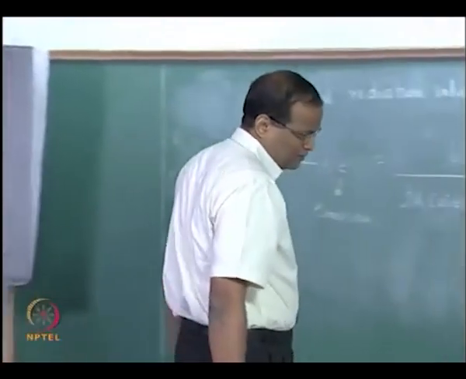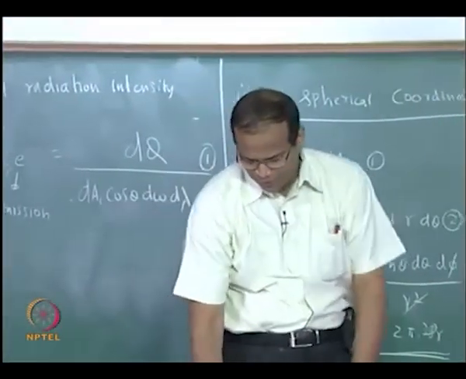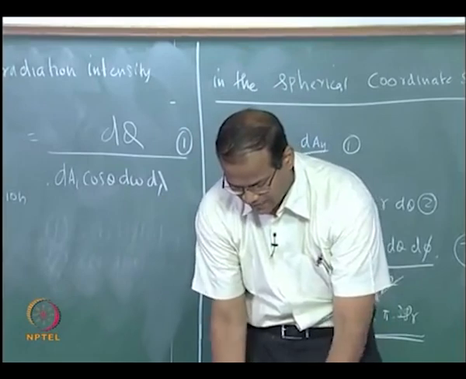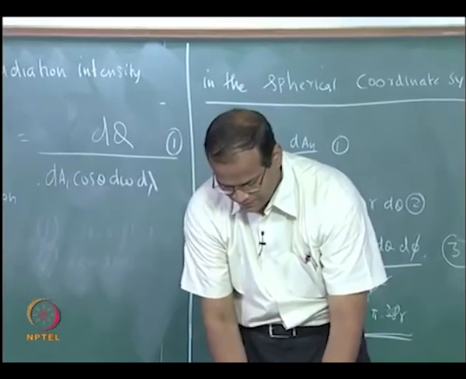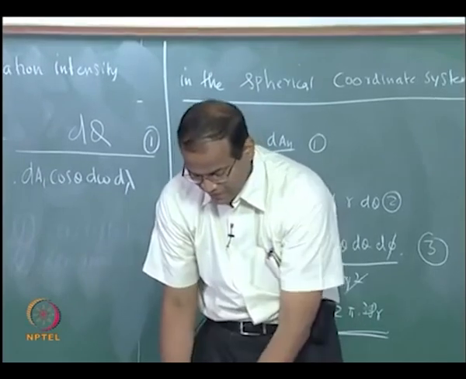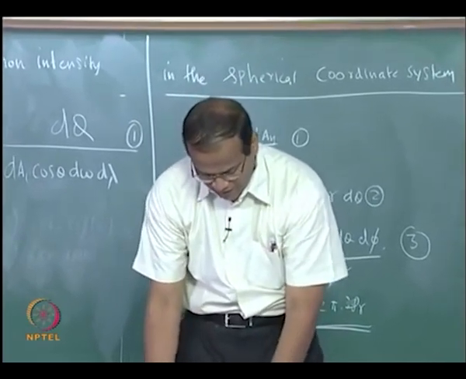Okay. So, please take it down and tell me what the units of radiation intensity are. I will define it formally, I have defined it mathematically, I will define it formally.